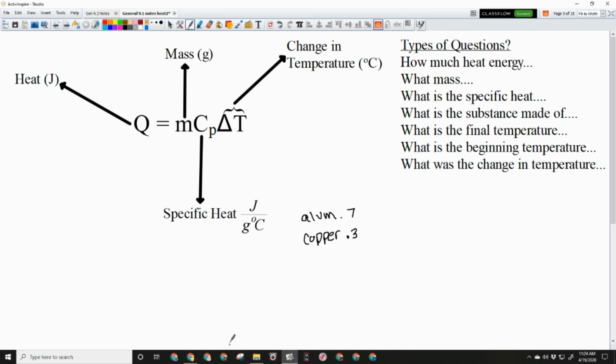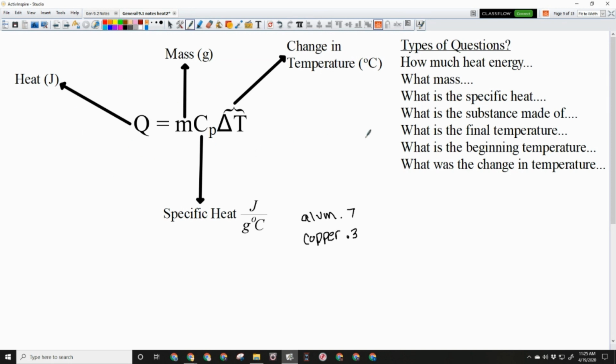So each substance has its own specific heat. And then delta T, delta means the change in. So anytime you see delta in science, that's something changing. Delta T would be the change in temperature, and temperature is measured for this in Celsius. Sometimes Kelvin, so you have to watch out for that, but mainly it's going to be Celsius.